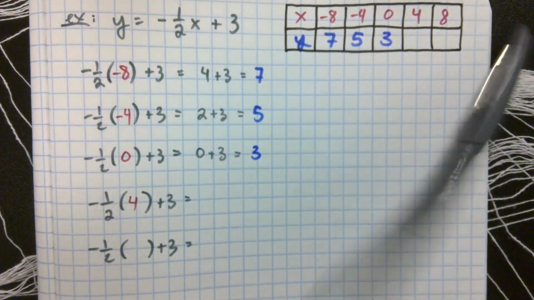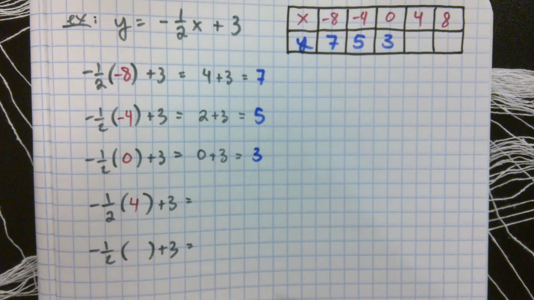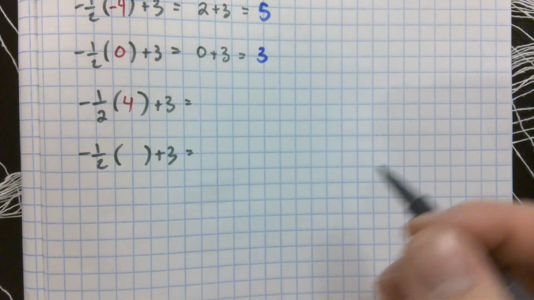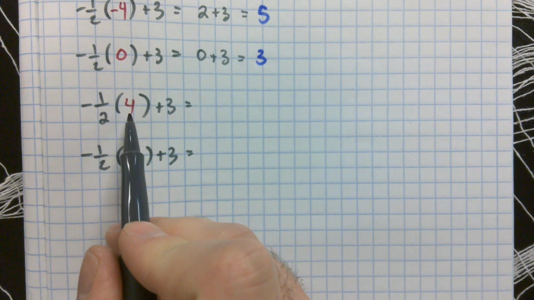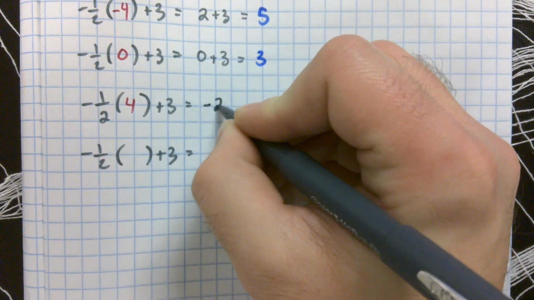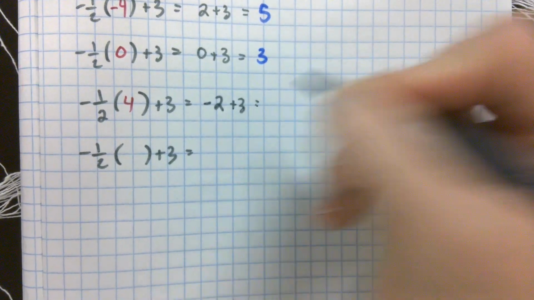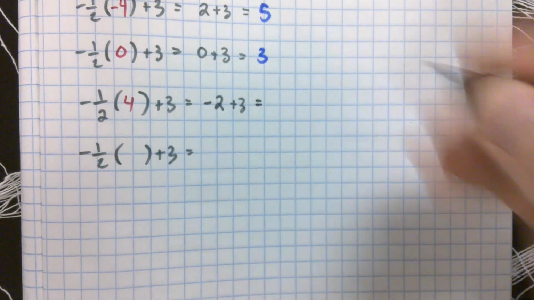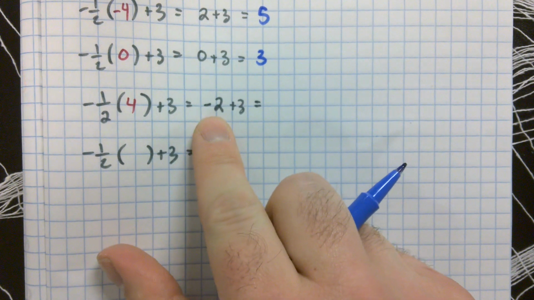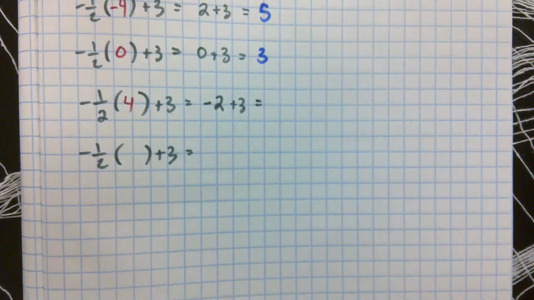What's negative 1/2 times 4, though? Well, what's half of 4? 2. And a negative times a positive gives us a negative 2. And negative 2 plus 3 gives us positive 1.